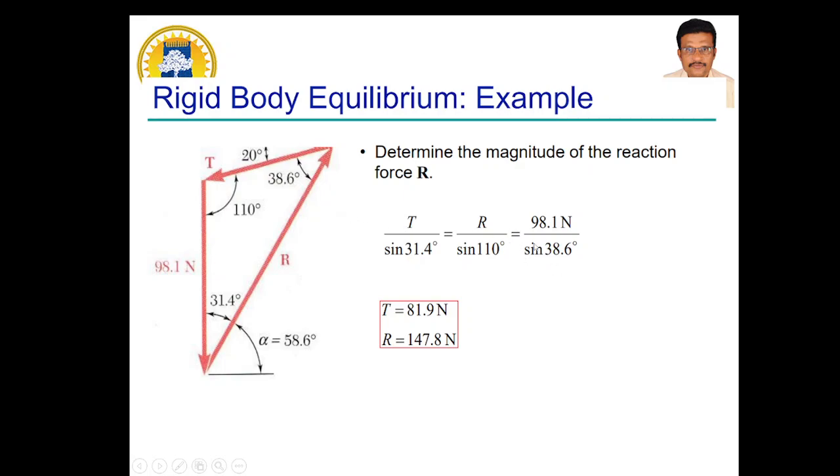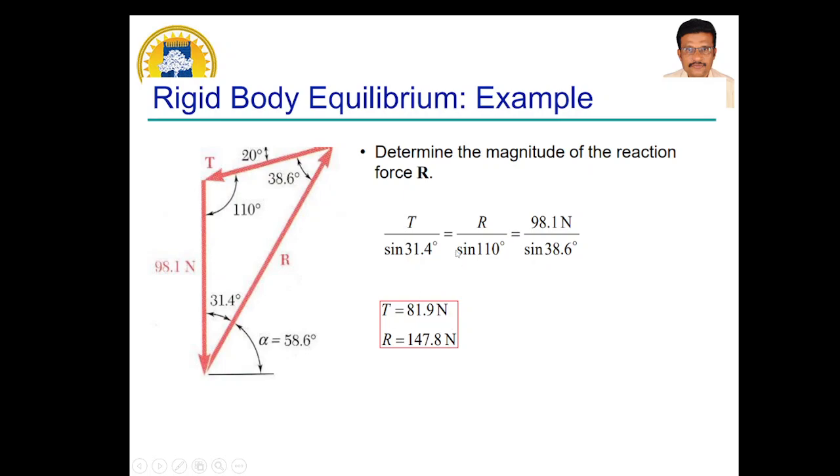Now by using Lami's theorem we have to find the tension in the string and the reaction at the point. By equating the first and third we will get the tension. The first one will be T by sine 31.4, equal to 98.1 divided by sine 38.6. In equations 1 and 3 only T is the variable. Solving these, we get T equal to 81.9 Newton.